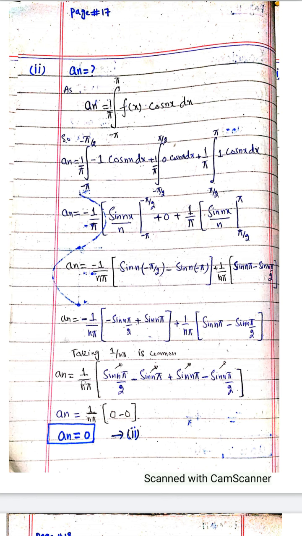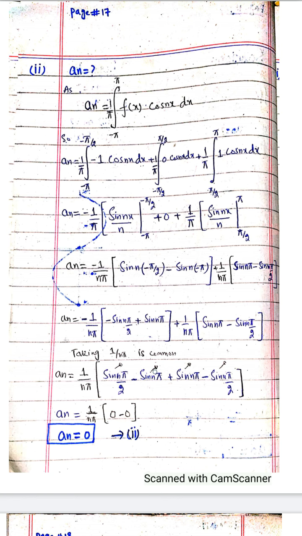If we multiply minus 1 over n pi with minus sin n pi, we will get plus sin n pi divided by 2 into n pi.